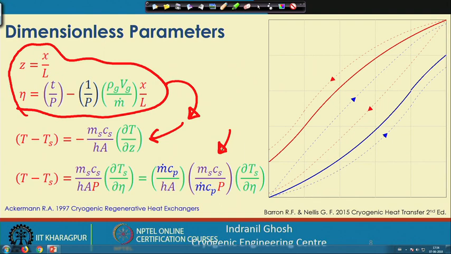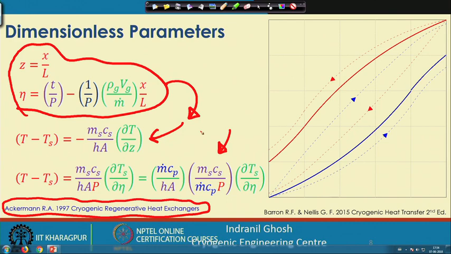So, finally, if we apply those boundary conditions and try to solve this, I will suggest that the readers or students, if someone is interested in this, look into Hausen's regenerative heat exchanger book for the detailed analysis of this.